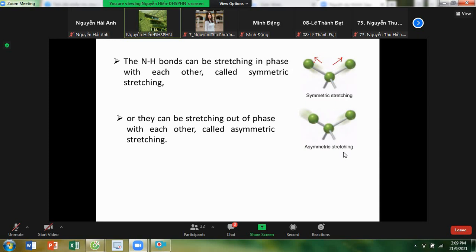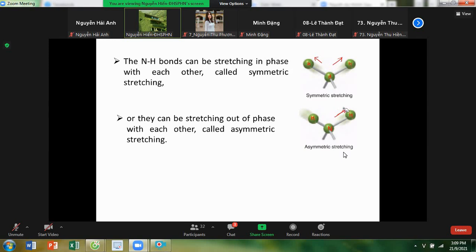But in the second picture, you see the NH bond, okay, this is a nitrogen, this is a hydrogen, and the NH on the right becomes longer. No, sorry, it becomes shorter.